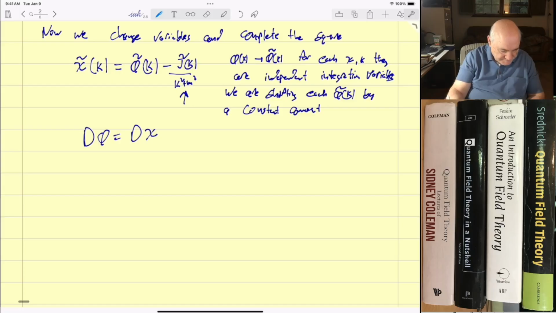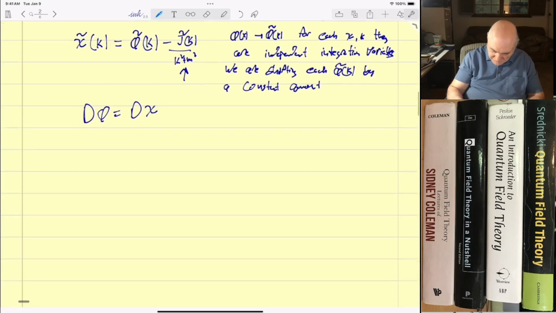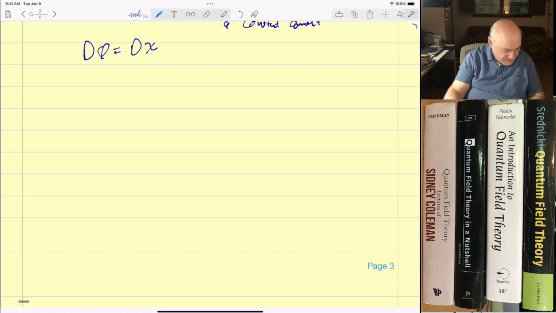And like I said, there's a lot of things that are not rigorous, or that mathematicians can make more rigorous. We're not going to worry about them.